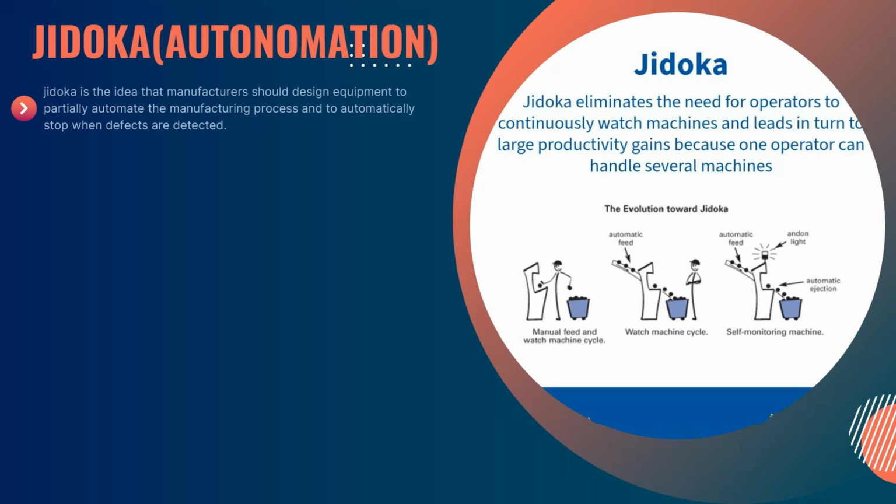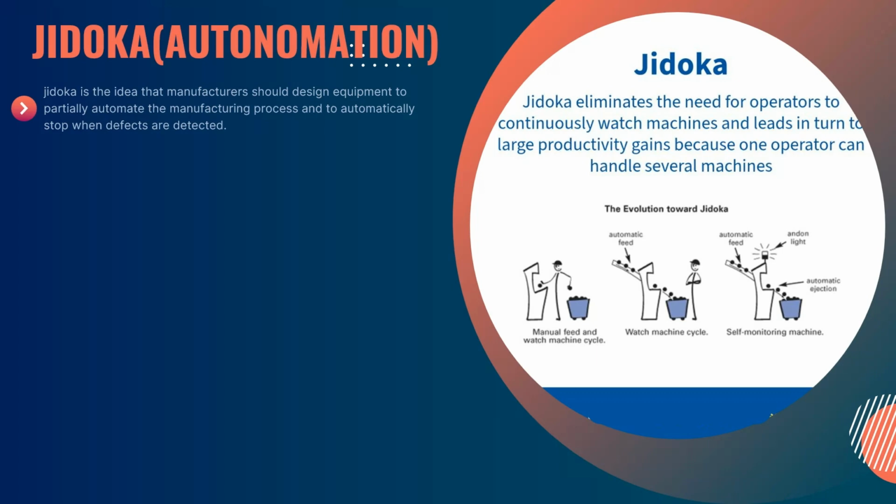So what will be happening, like in the image on the right, the evolution towards Jidoka: you could see in the first image that there's a man who's filling certain components into the machine, and in the next one we have an automatic feed to the machine.